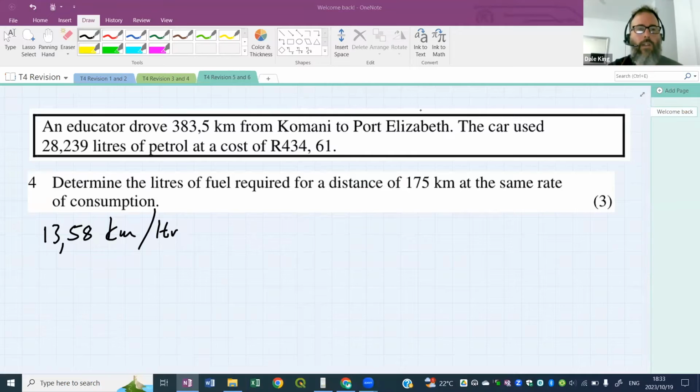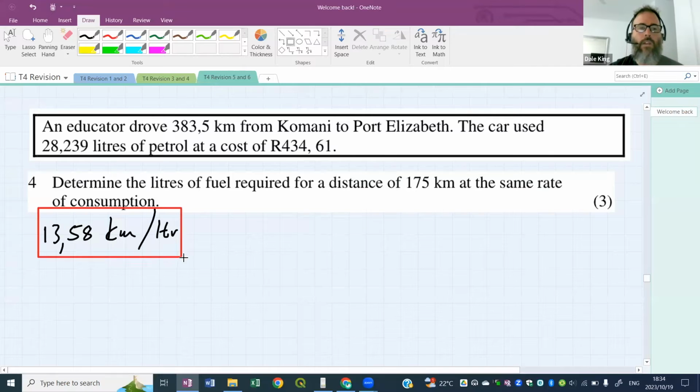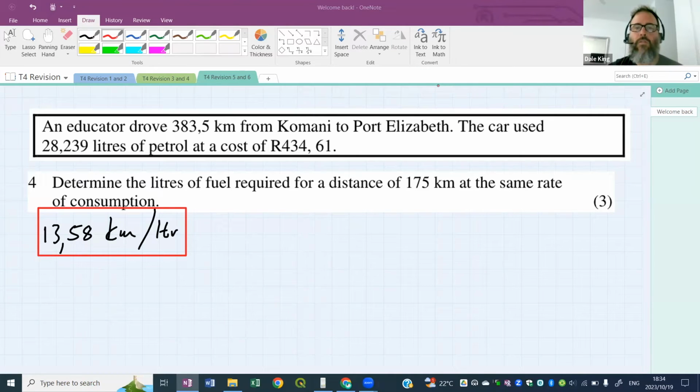Answers are coming through already. Determine the liters of fuel required for a distance of 175 kilometers. Now this, you could try and work it out from the contextual information, but we do have this answer that we calculated previously. We can also use that. All right, we've got a few answers coming through, just waiting for the rest of you to try.